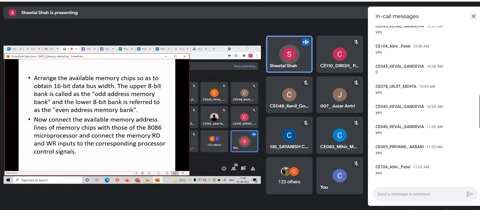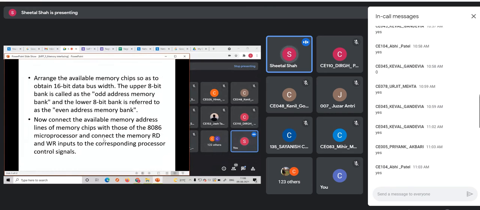Now connect the available memory address lines of the memory chip with those of the 8086 microprocessor. Okay. So the address lines, say suppose if it is 1K, then A0 should be connected for selecting the bank. A1 to A10 should be connected to the address lines of that chip.